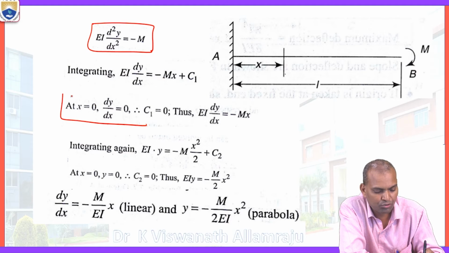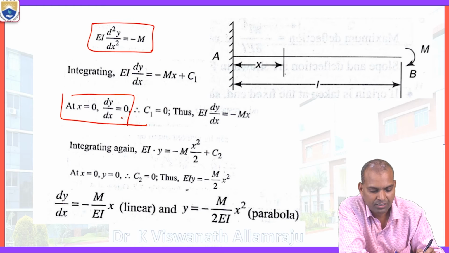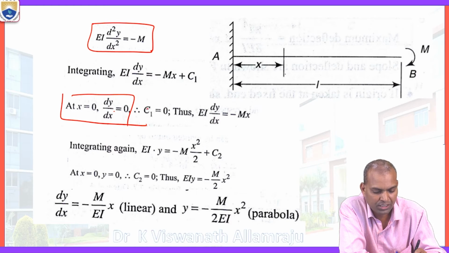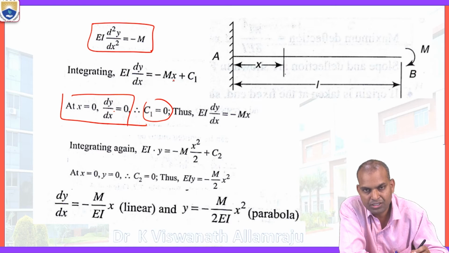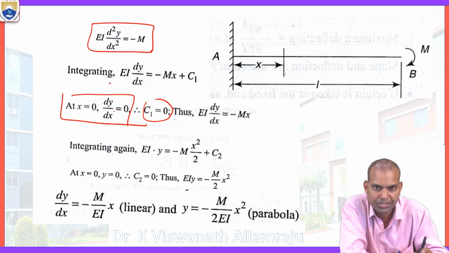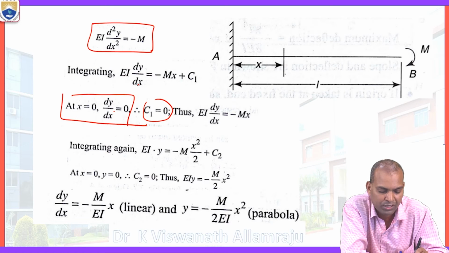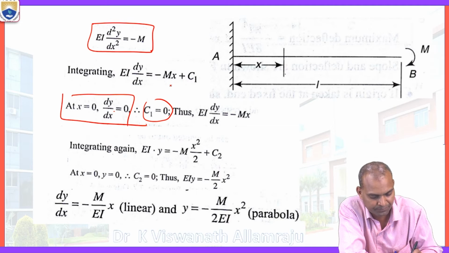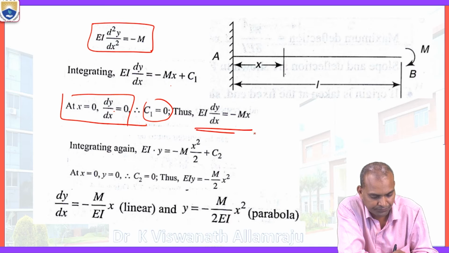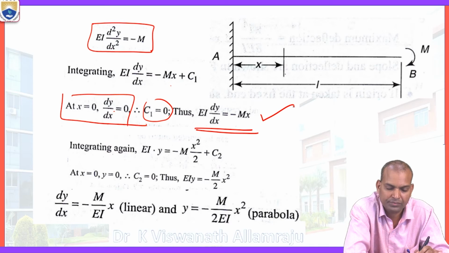Now at x equal to 0, dy by dx equals 0. Substituting here, C1 is calculated as 0. Substitute the value of the constant of integration in the slope equation. The equation becomes EI dy by dx equals minus Mx. This is the slope equation.